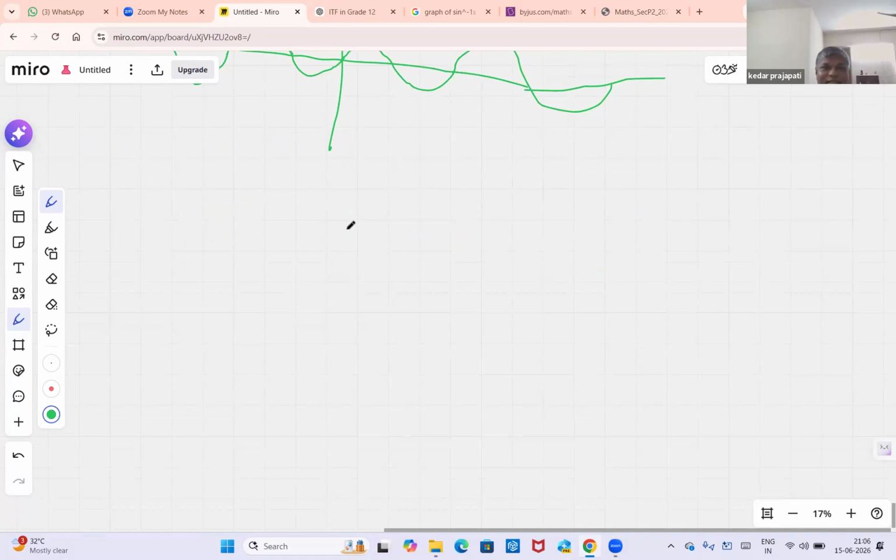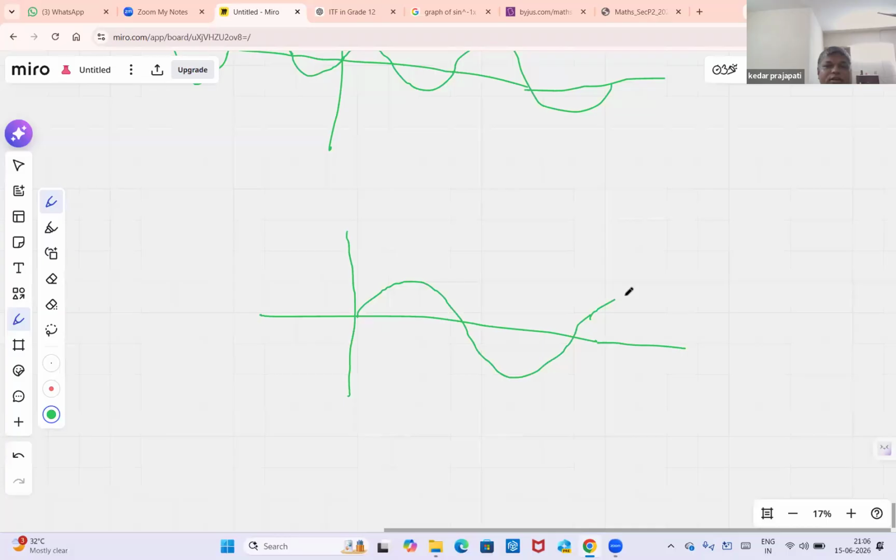I am drawing the graph of sine theta or sine x. We'll just draw it like this. Went, came down, went up. Again, take it.